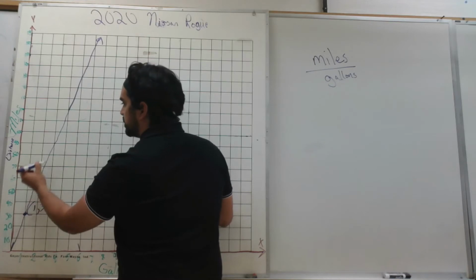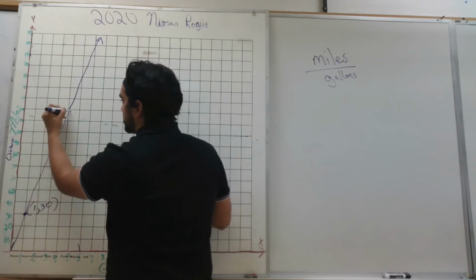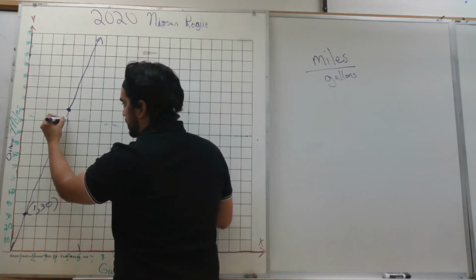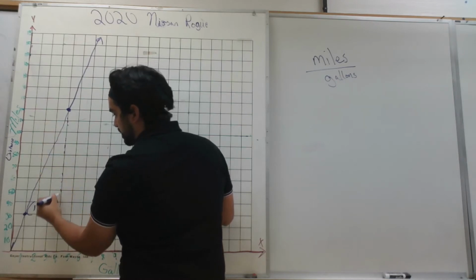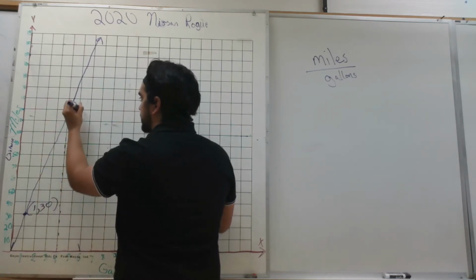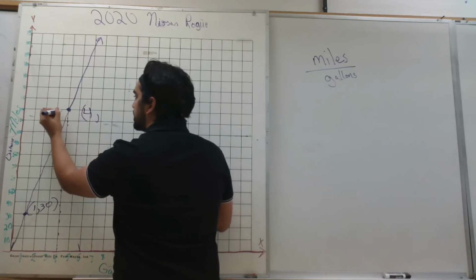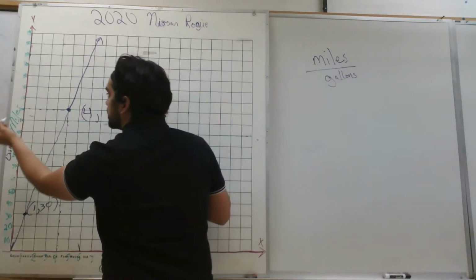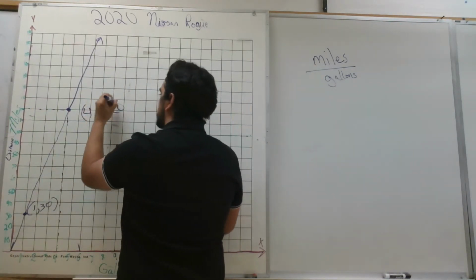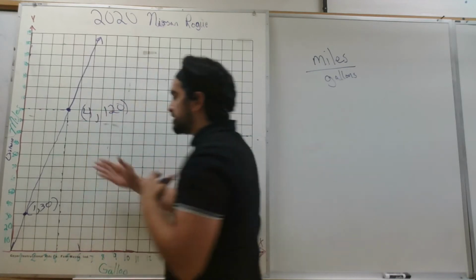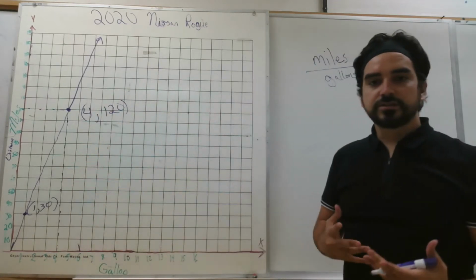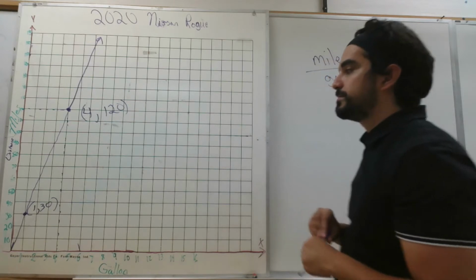And I'm going to use this one, which would be (4, 120). And yes, there are more bullseye points closer to each other, but I'm just going to pick these two.